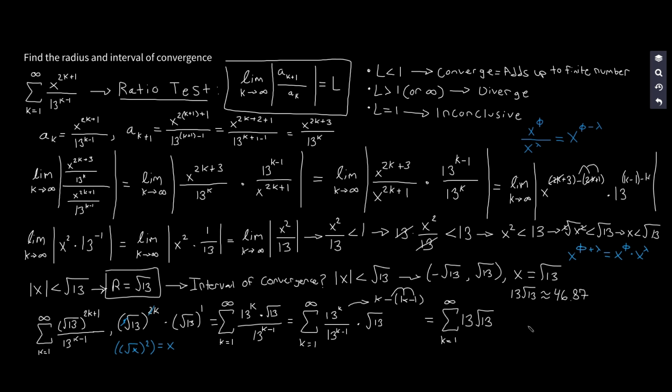So the divergence test is like, so we put in the ratio test. This is what we got. The divergence test is like the summation from k equaling 1 to infinity of a sub k, which in this case our a sub k is 13 times root 13.